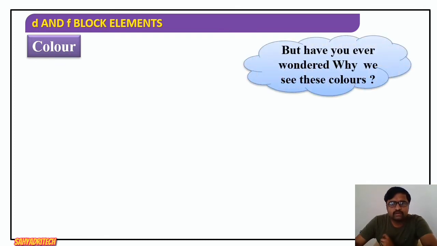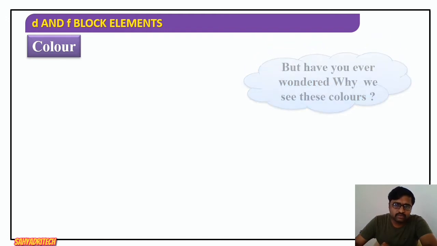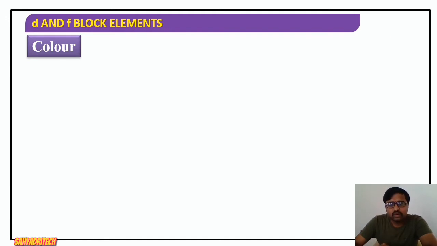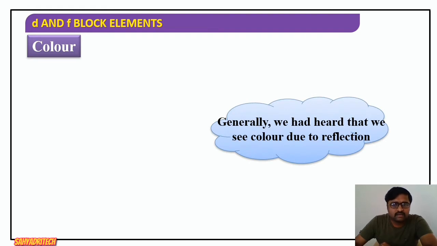But have you ever wondered why or how these colors are seen by our naked eyes? Earlier, we used to say that whatever color we see is because of reflection.